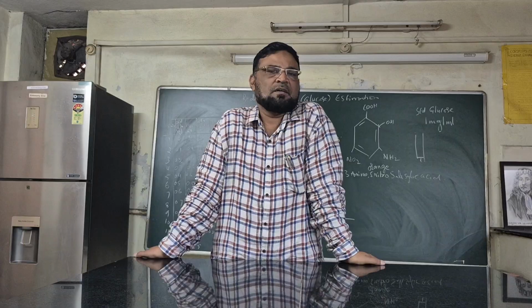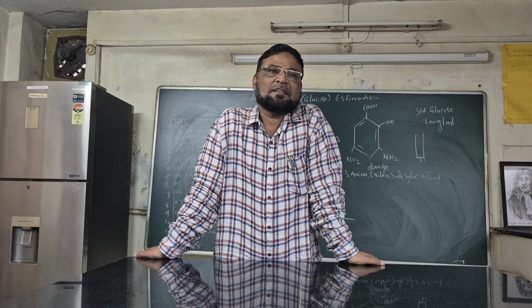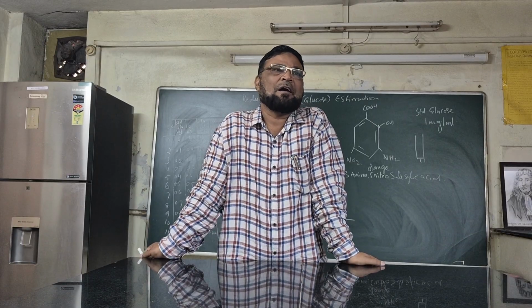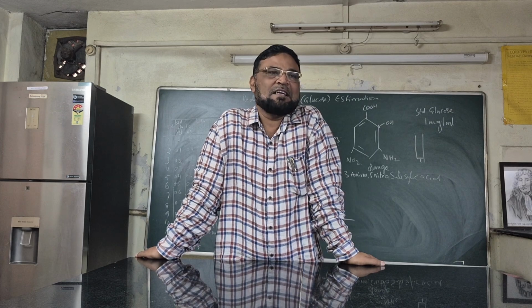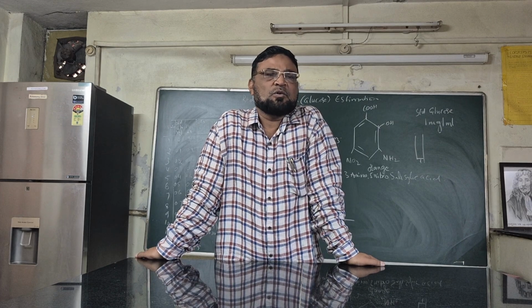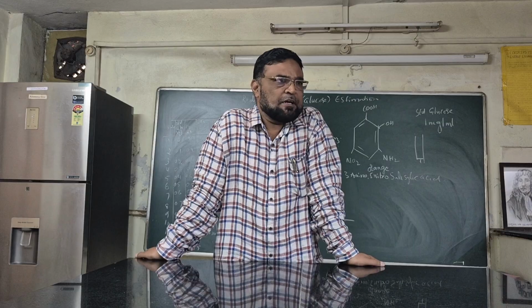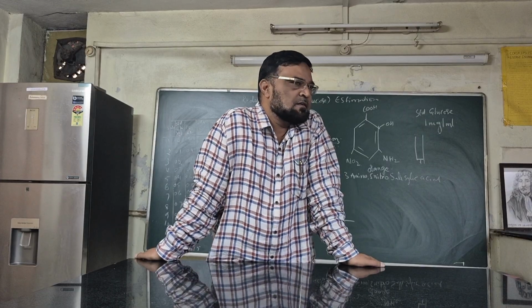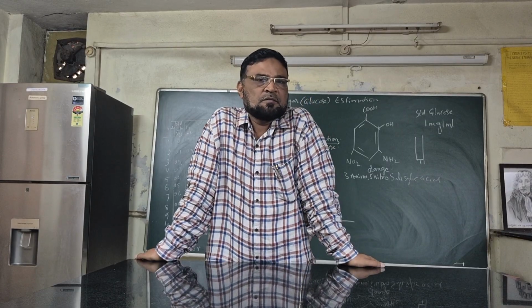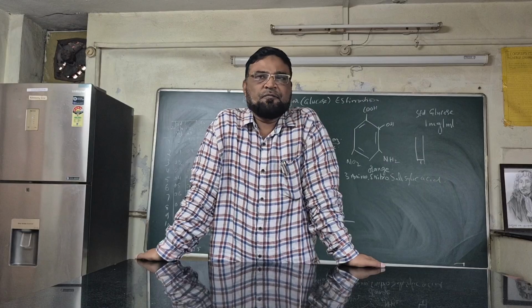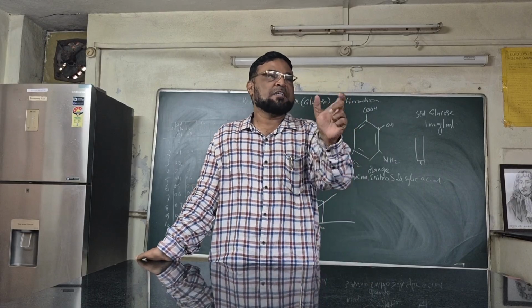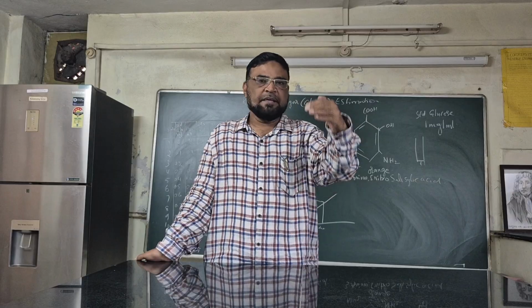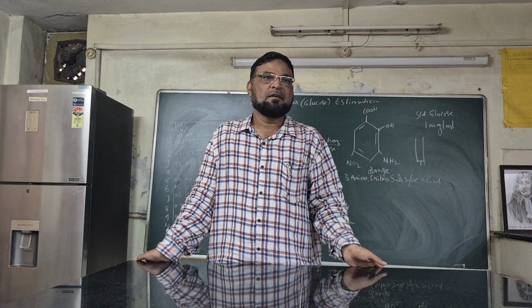No, it will not do. So normally for the colorimeter we consider 0.8 as the best value. If I am getting up to 0.8, accuracy will be there. So a linear increase is there up to 0.8.